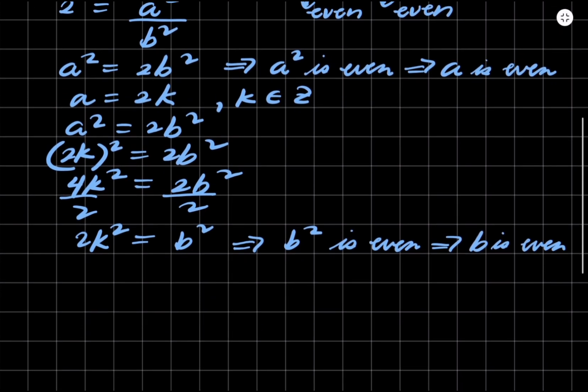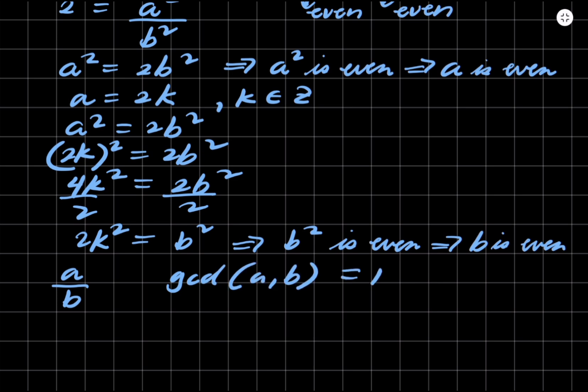So that contradicts our earlier assumption that a over b was already in lowest terms. So a over b must be in lowest terms, meaning the GCD of a and b must be equal to 1. But a here is even and b is also even. So they have the common factor 2.